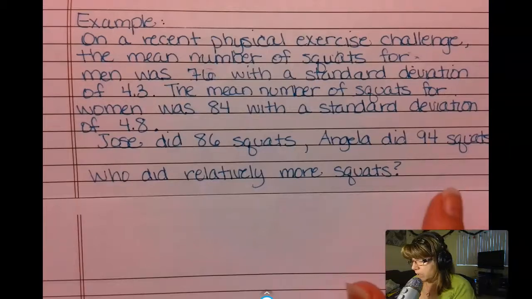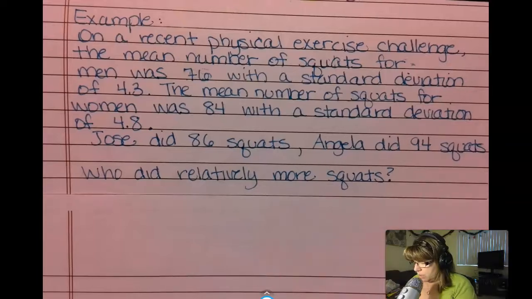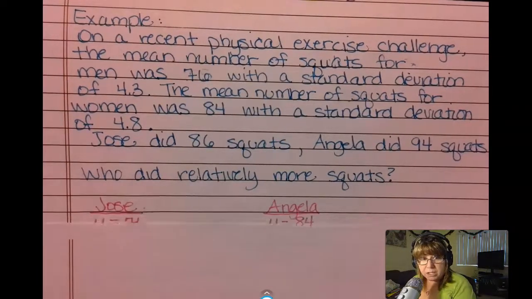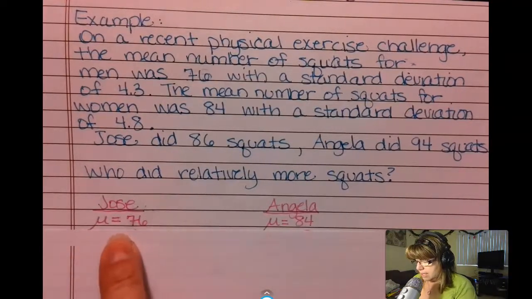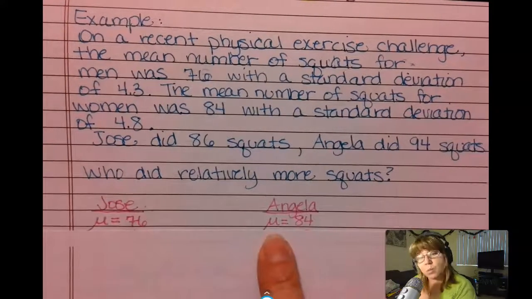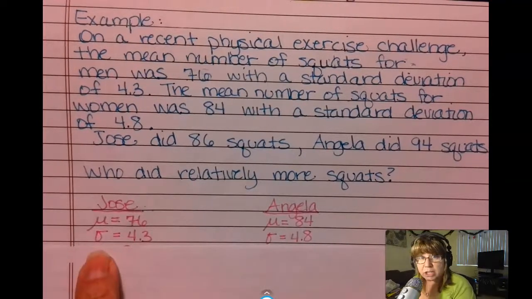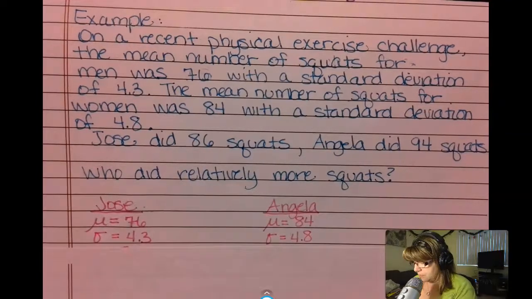The first thing we want to do is grab all the information out of the problem that we're going to need. So we're going to be dealing with Jose and Angela. So for Jose, the men's mean is 76. For Angela, the women's mean is 84. For Jose, the men's standard deviation is 4.3, and for Angela, the women's standard deviation is 4.8.